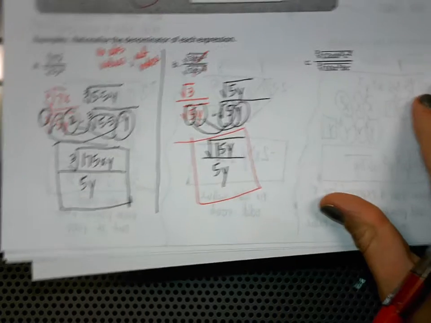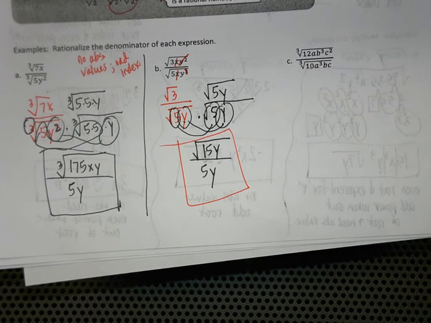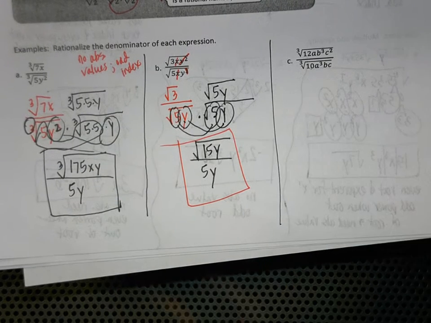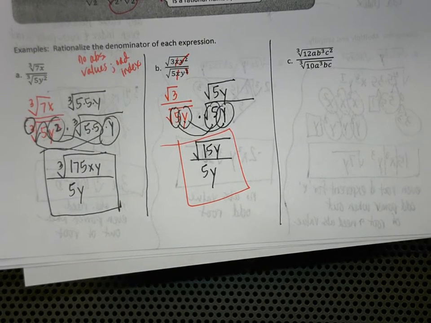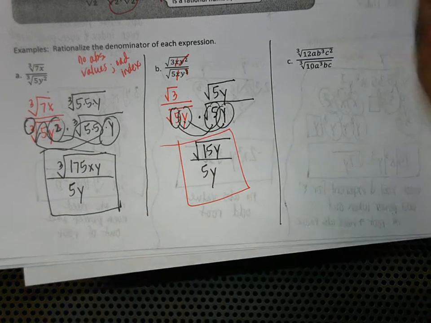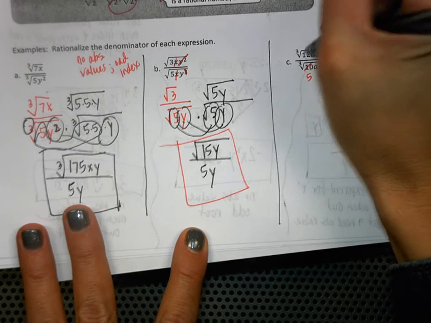All right. C. Do we notice anything we can reduce? Okay, what about the numbers? What about 12 and 10? 2. I can reduce by 2, right? So 10 becomes 5, 12 becomes 6.